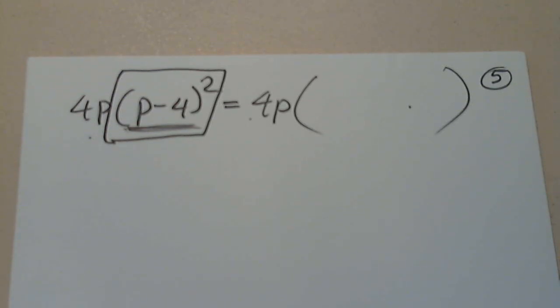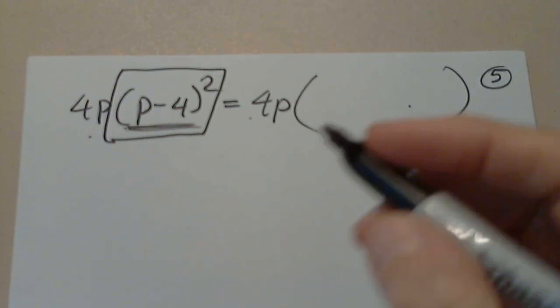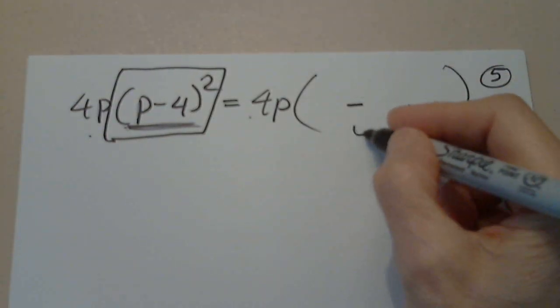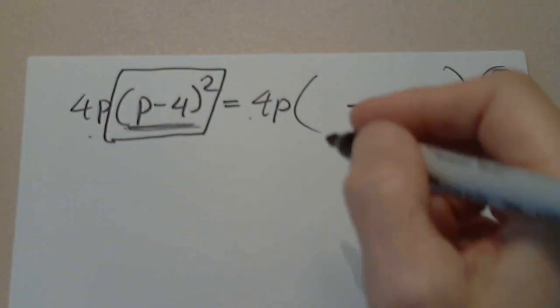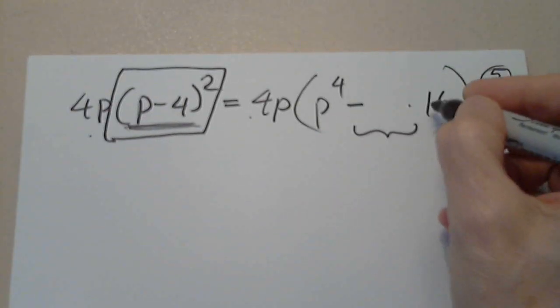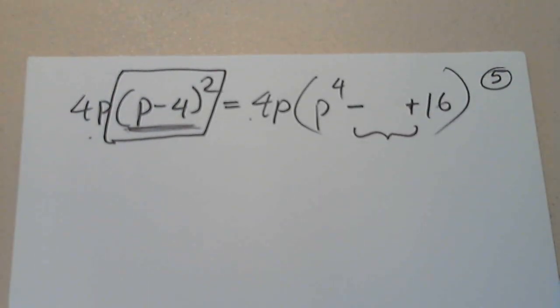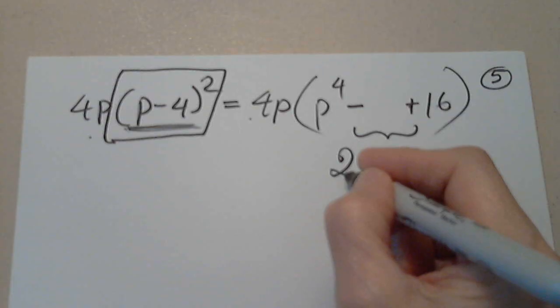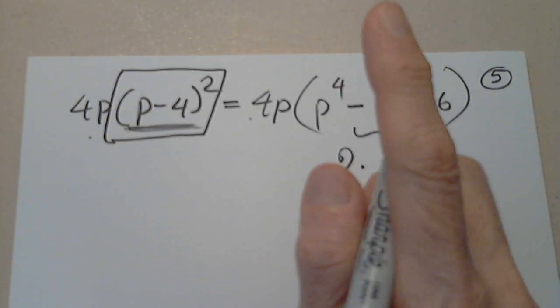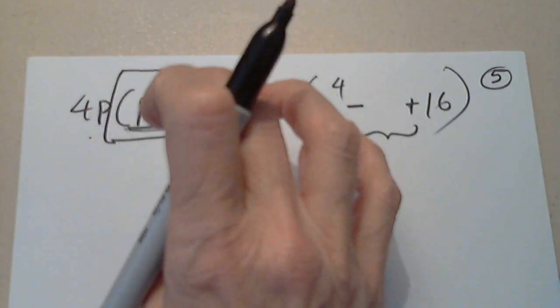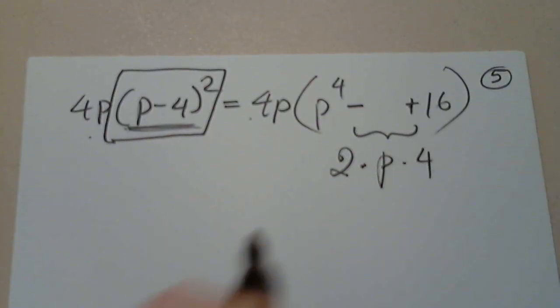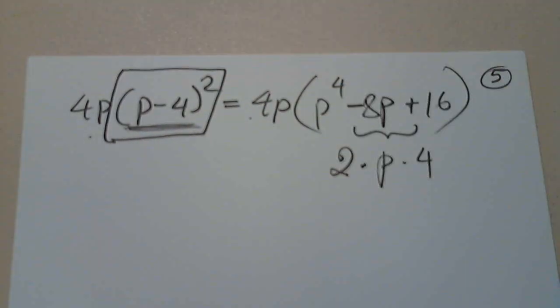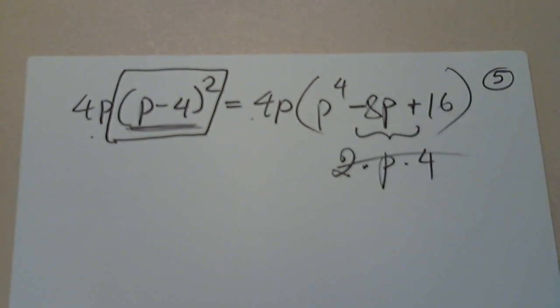Please square the first one, square the last one, and then let's think about the middle term. p squared, 16. And we know that the middle term has to have 2 from the formula, times, not plus, times p times 4. 8p. That's it. You can cross it out or leave it alone or whatever. Good.